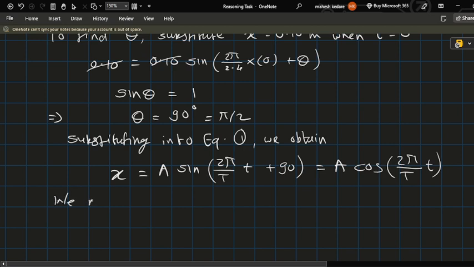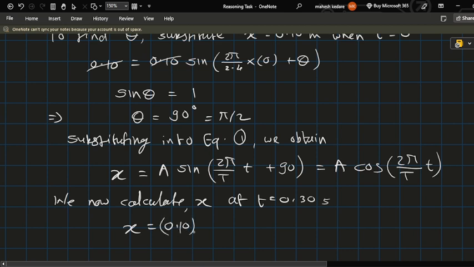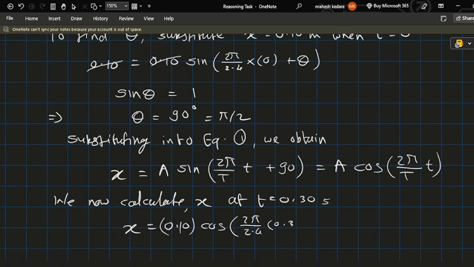Now calculate the position at time t equal to 0.3 second. Simply substitute the quantities in the above formula. x equal to a, amplitude is 0.10, cos of 2 pi by 2.4, time is 0.30 second.